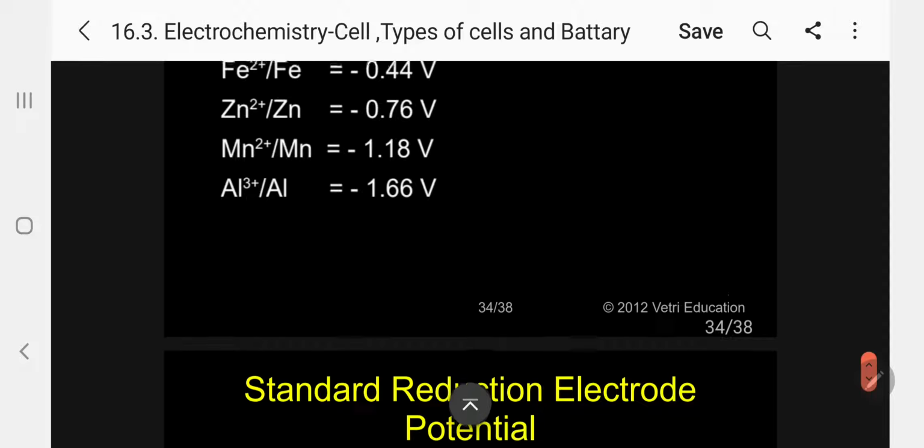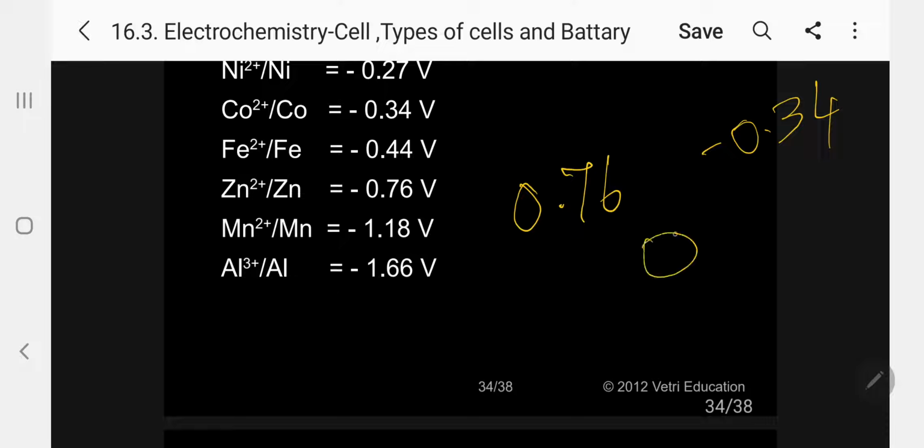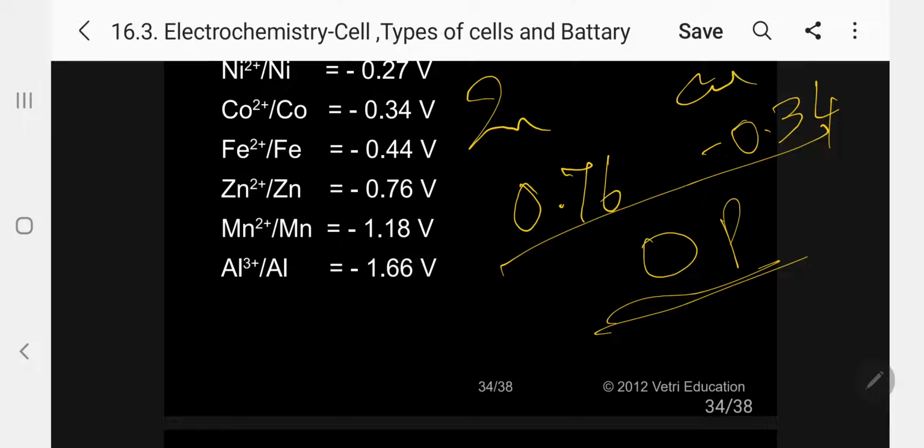This is the oxidation potential value for these two, zinc and copper. Here, which is more positive? The left side is positive, so zinc should always be on the left side. The right side should be copper. So we can easily decide, when you form a cell, which side to connect: positive electrode on the left side, negative electrode on the right-hand side. So oxidation at the left side, reduction at the right side.